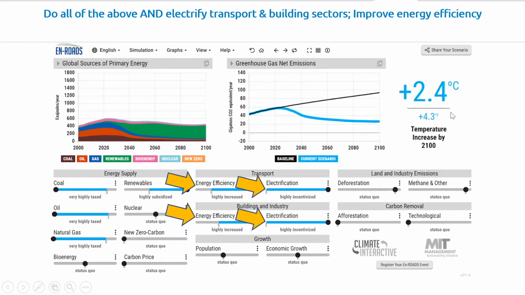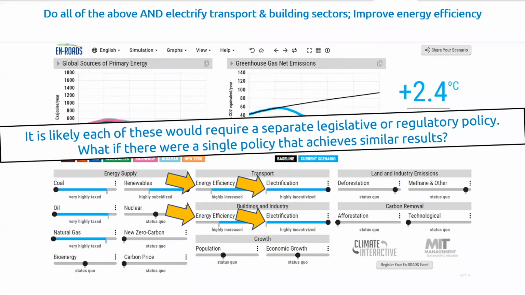Our average global temperature is down to 2.4 degrees C. This is a great suite of climate initiatives. Now, the way I've modeled this, it's likely that every one of these levers would require a separate law or a separate regulatory policy. And we know how long it takes to institute laws and policies, and time is just not something that we have.